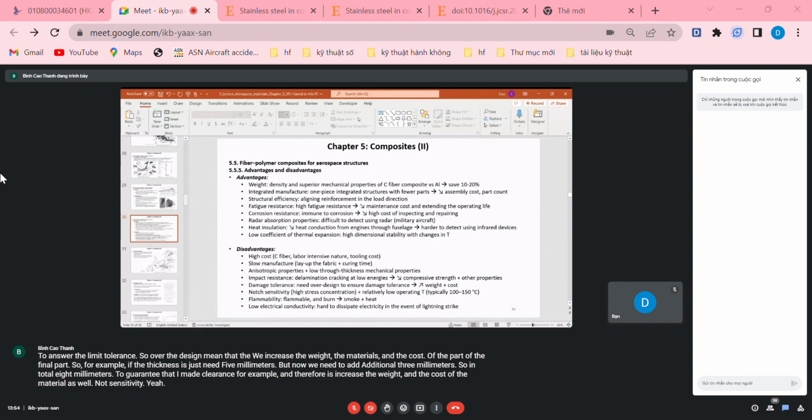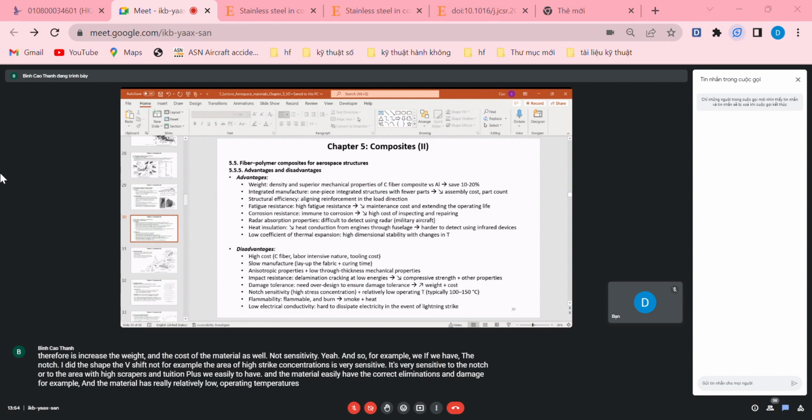Notch sensitivity. For example, if we have a V-shaped notch, or an area of high stress concentration, the material is very sensitive to the notch or to the area with high stress concentration, because the material easily has crack and delamination damage.